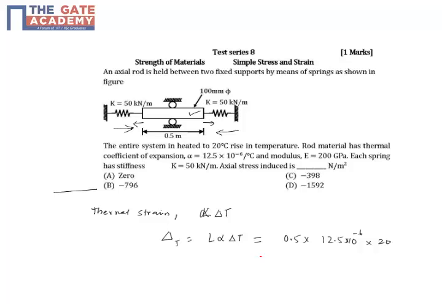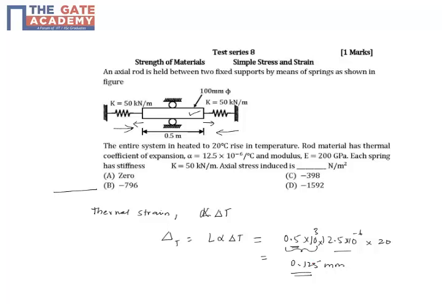I multiply by 10 power 3 to convert to mm, so 0.5 into 10 power 3 for the length in mm, times alpha delta t. This value comes out to be 0.125 mm, which is the thermal change in length.